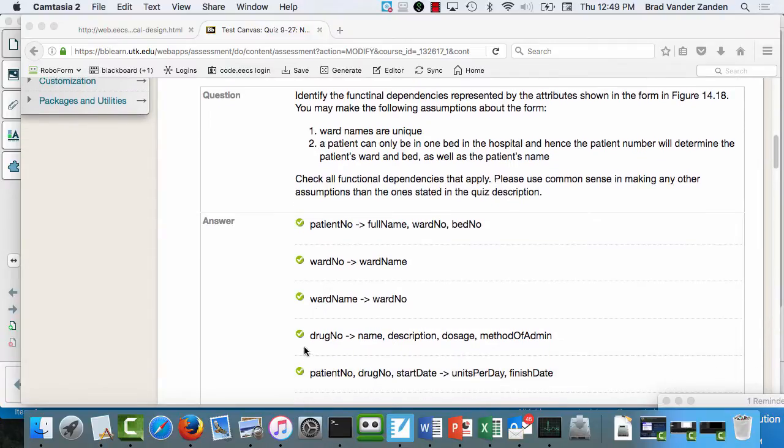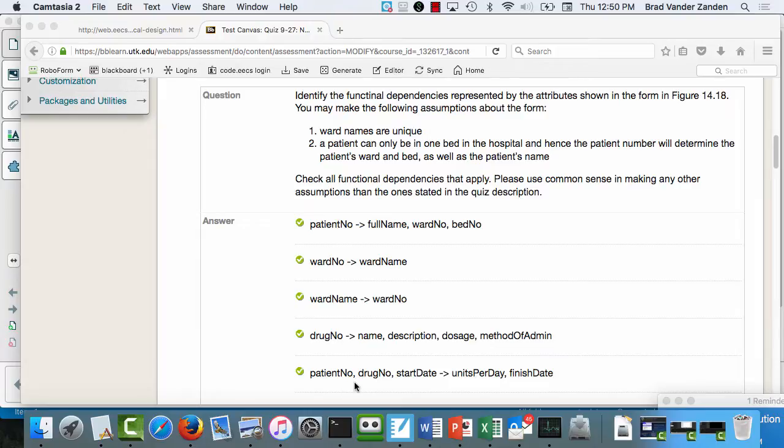And then they indicated that a drug number would determine the name, the description, the dosage, and the method of administration. And if I'm not mistaken, with morphine you could have different units for different patients. So if you looked at the figure, one patient had 10 units of morphine, and the other had 50.